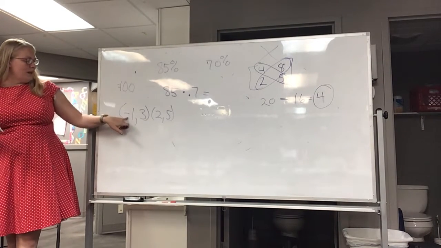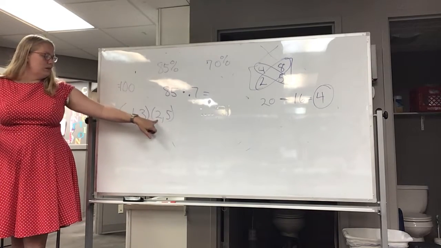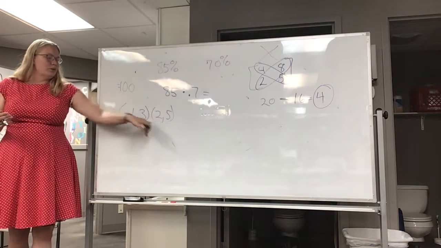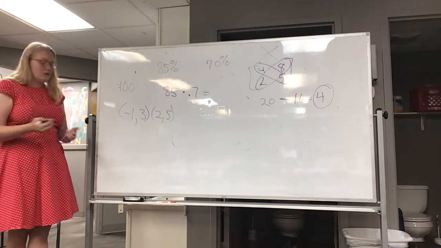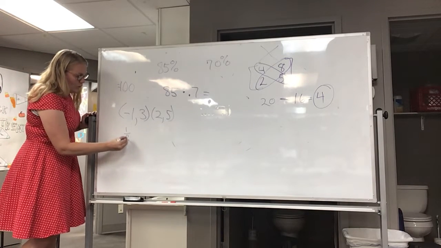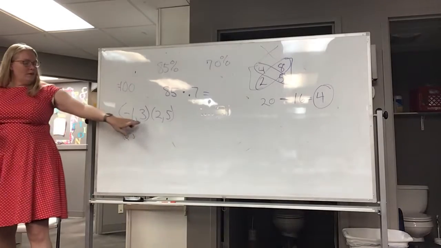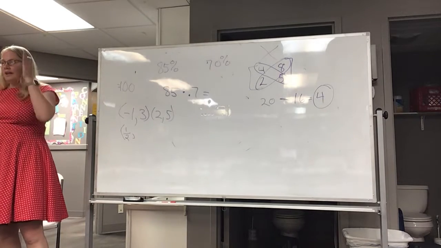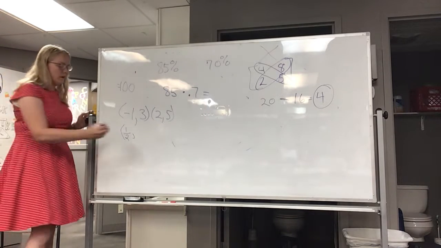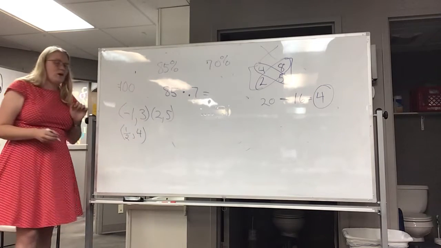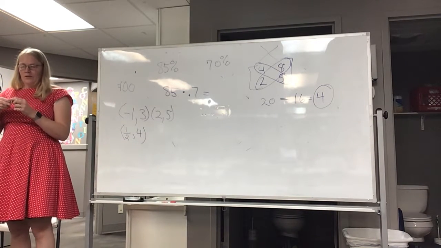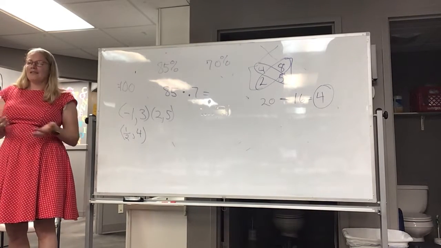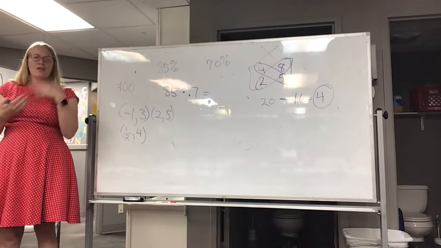And so if we have -1 and 2, -1 plus 2 is going to be just 1. And we have two numbers. If we're taking the average of them, we're going to divide by 2, and this becomes positive 1/2. If I have 3 and 5, 3 plus 5 is 8, and cutting it in half, 8 will be 4. And so our average of the y-coordinates is 4. So there is a fancy formula for midpoint, but it boils down to you're taking the average of the x and the average of the y. You add the two things together and divide by 2.